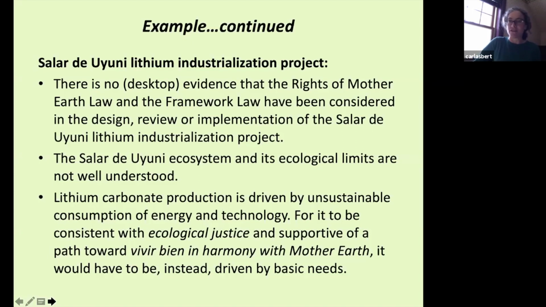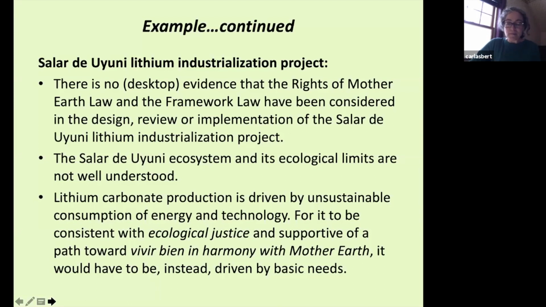How much of the demand for lithium is really needed for a solution to climate change, or how much is it just going to answer to greater demand for privately owned vehicles and endless consumption of other electronics and so on? So that's a very brief summary of the case study, but I hope it gives you a sense of how I have at least experienced applying the lens.